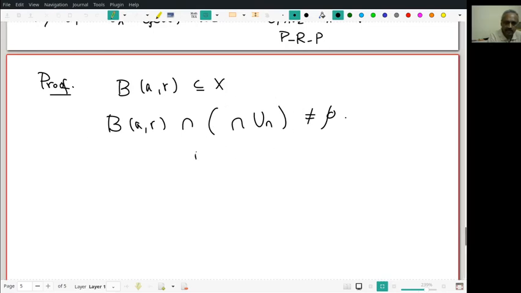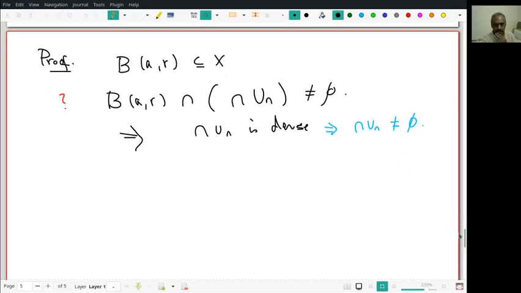If I prove this, that would imply the intersection is dense. In particular, this implies the intersection is not empty. Okay, good. So let's look at B(a, r).